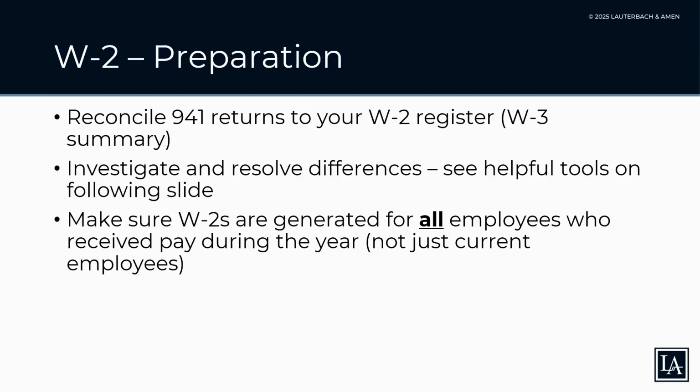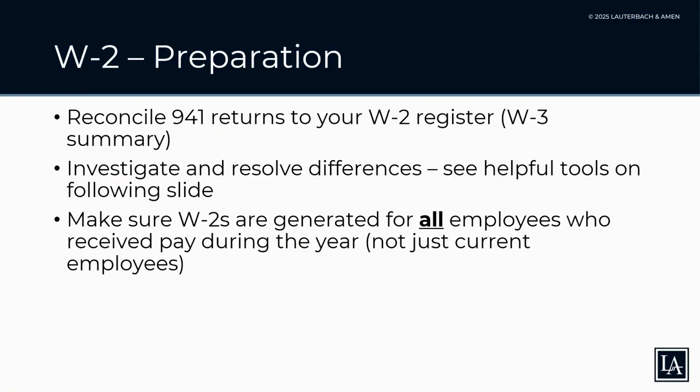On the preparation side, reconcile your 941s. So 941s, those quarterly tax forms you'll need to fill out and file with the IRS. It's easy to reconcile your W-2s against those throughout the year rather than waiting until the very end of the year to try to do that.